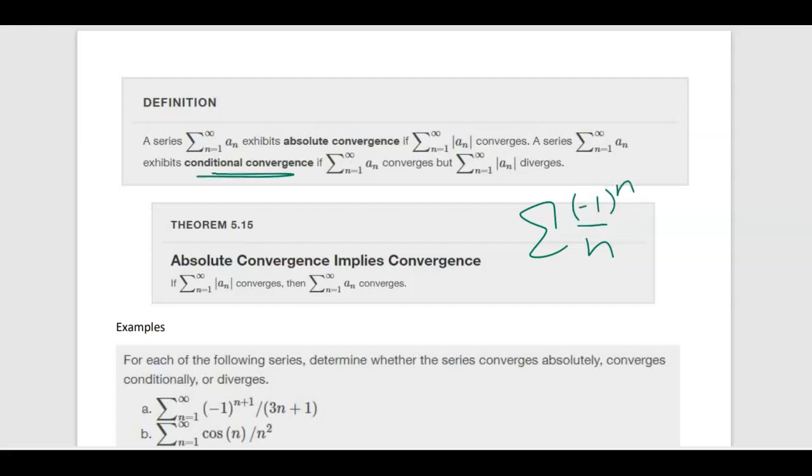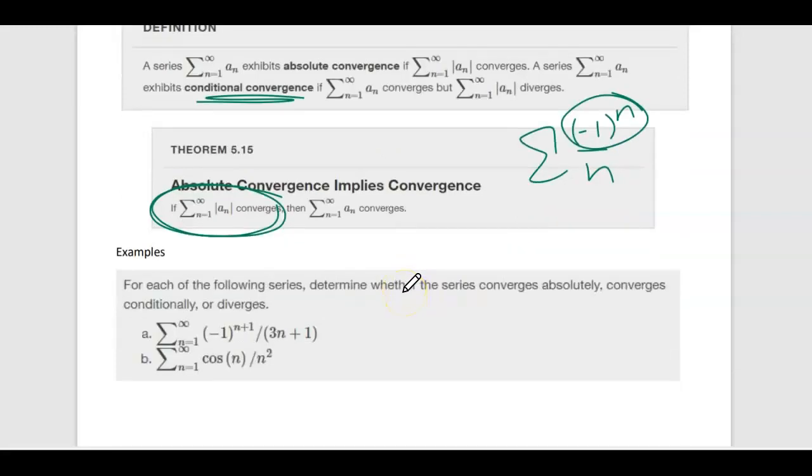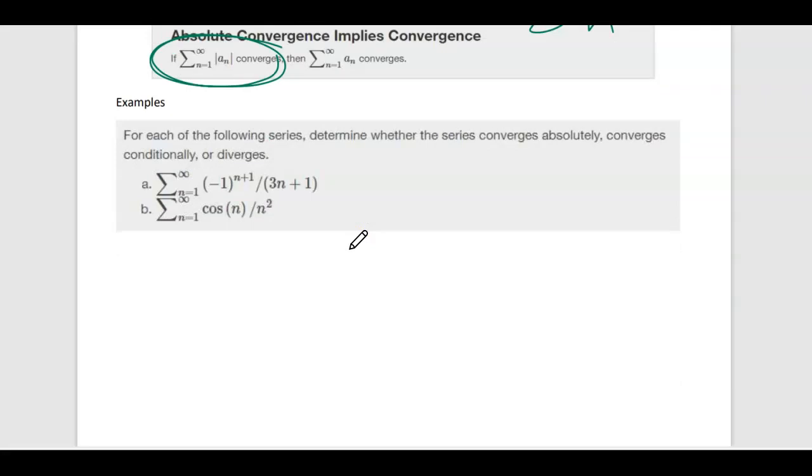So we would call that conditional convergence because it only converges because of that alternating series piece. It doesn't converge on its own. Now, if you know that the absolute value of an alternating series does converge, then the series without the absolute value bars should also converge. Okay, so what does that mean?